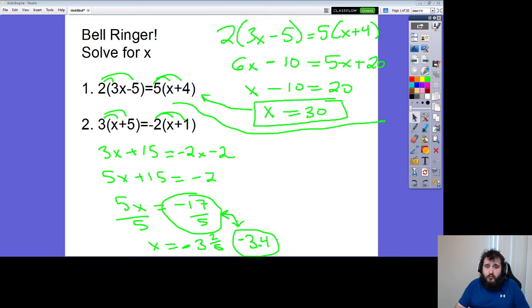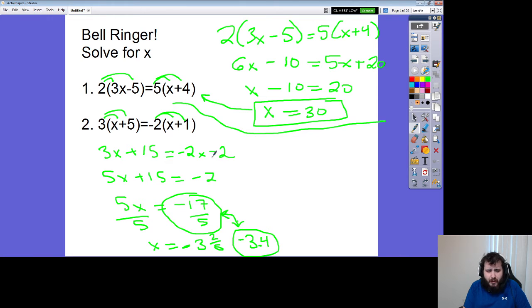Hello, everybody. So I wanted to cut in here because I did make a mistake earlier when I recorded this, and I just wanted to go over and make sure that everybody was clear. Don't forget when you multiply through to distribute to both things. So if you do negative 2 times x, and you do negative 2 times 1, this should be negative 2 as well, right?